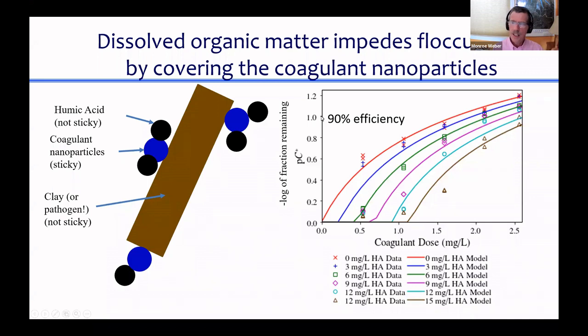And a 1 on this means 90% removal. So there was no removal until the coagulant dose was greater than 1 milligram per liter. So it wasn't until you had already added 1 milligram per liter of aluminum that finally there was enough coagulant present so that there was a little bit of naked coagulant that was still sticky available to begin attaching to clay particles and then begin to attach those clay particles to each other.